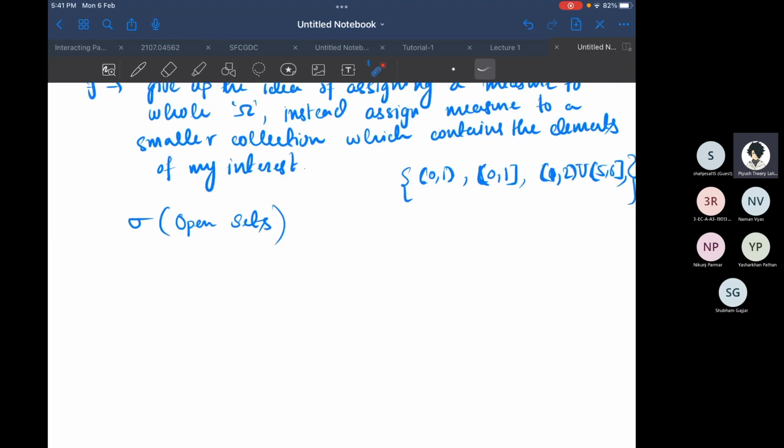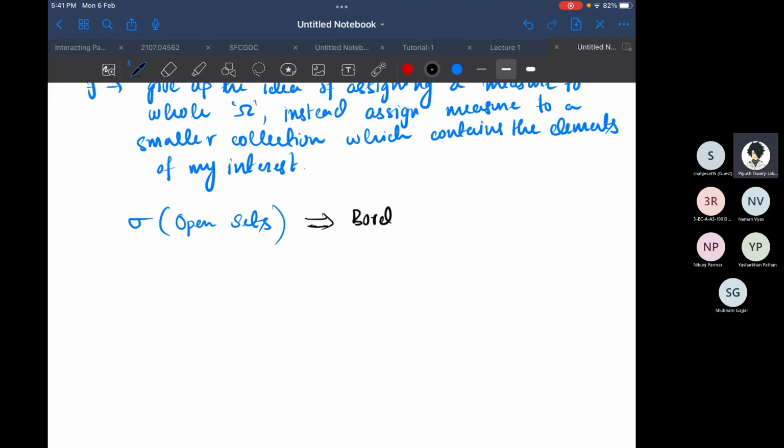Then that sigma field is what we refer to as the Borel sigma algebra. And it is of great importance for us.